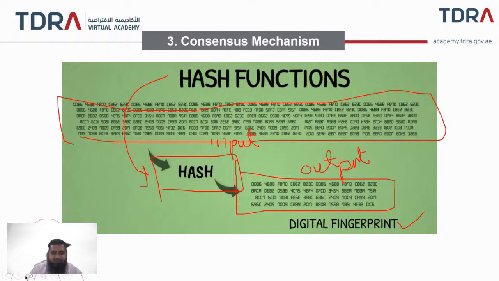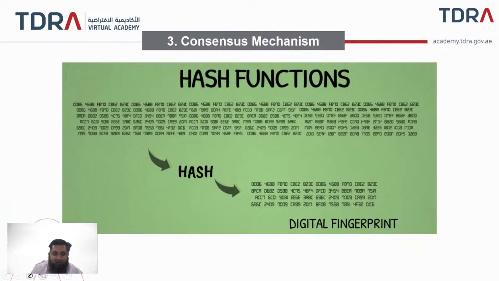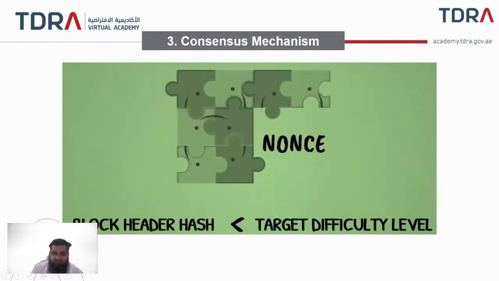So this consensus mechanism made the blockchain more reliable. This is one of the fundamental forces of cryptocurrencies, and this is called a consensus mechanism. So here we can see the block header hash and the target difficulty level.